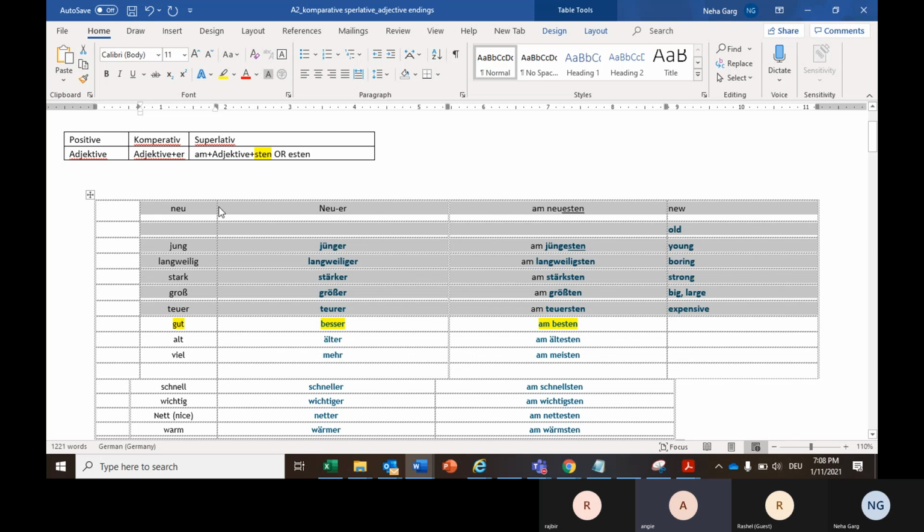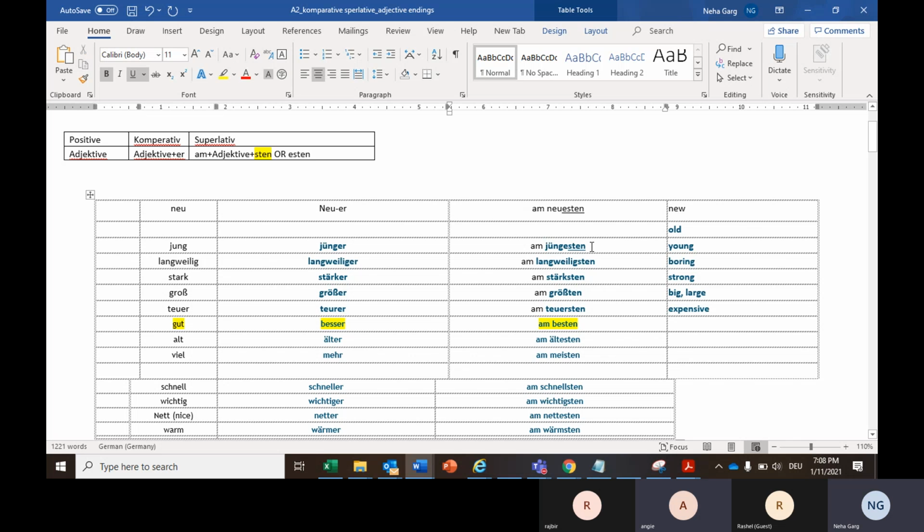It means new, newer, and newest. Jung. Jünger. Jüngsten. Means young, younger, youngest.